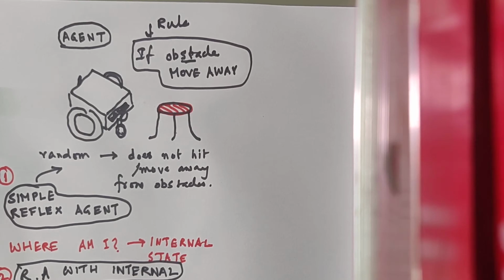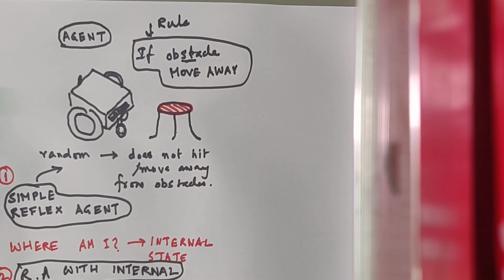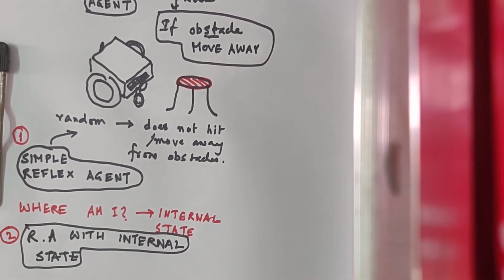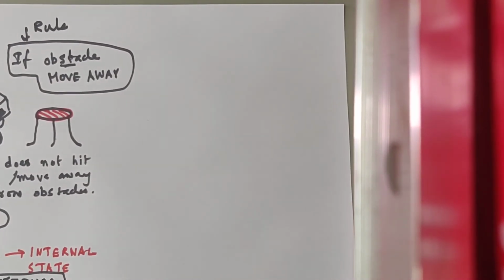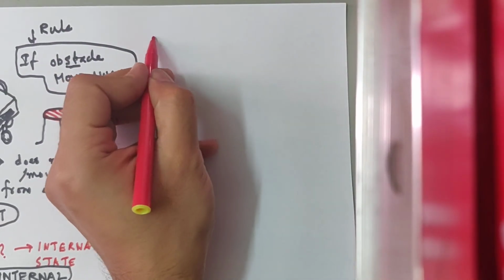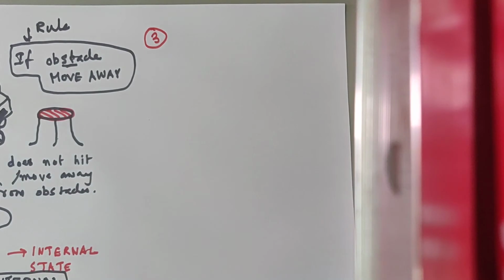Now, what is this robot actually doing? Is the robot doing any task? No. If the robot is not doing any task, what is the use of such a robot? Any use? No. So let us give our robot some purpose. How do we do that? We make the robot a bit more smarter.